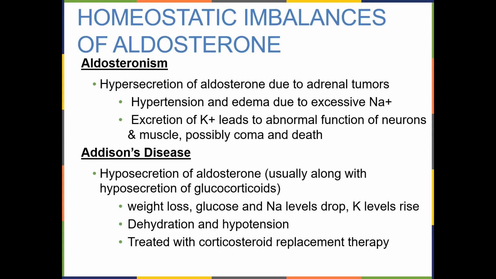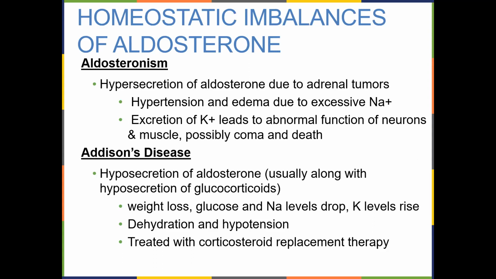The other side of this is the more sodium we retain, the less potassium we're going to have. The sodium and potassium stay in balance. But if we are retaining lots of sodium thanks to aldosterone, then we're going to kick out potassium. We can't have high sodium and high potassium. We're going to have one or the other. If we have high sodium, we have low potassium.